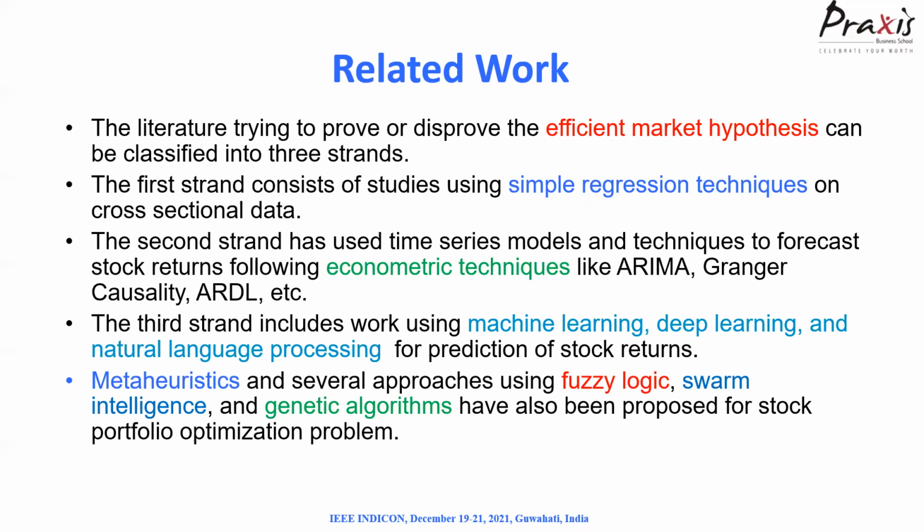One is the efficient market hypothesis and the simple regression techniques from that across the cross-sectional data. The second one is the gamut of econometric models like ARIMA, Granger causality, and autoregressive distributed lag, ARDL, and so on. And the third gamut of work is basically on machine learning, deep learning, and natural language processing.